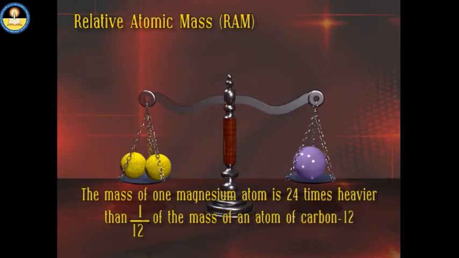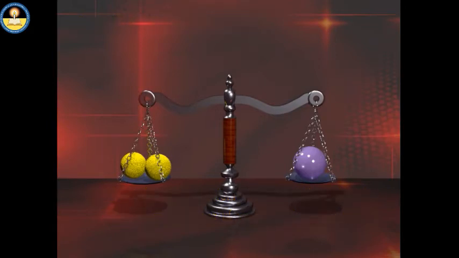This means that mass of one magnesium atom is 24 times heavier than 1 upon 12 of the mass of an atom of carbon-12.